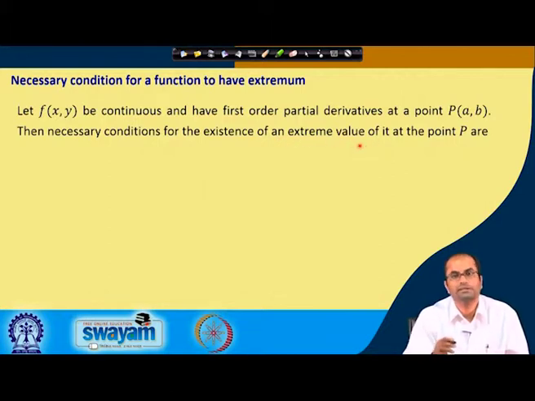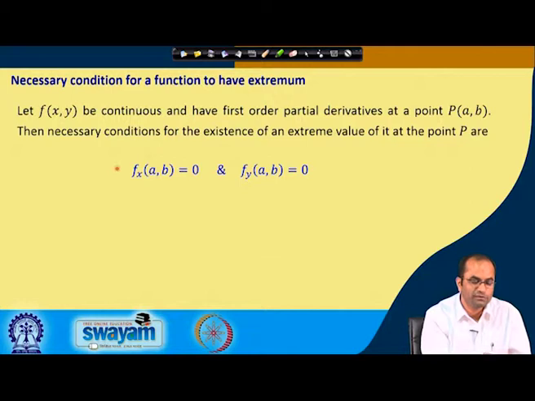Extreme value means the local maximum and local minimum values at this point P. What are the necessary conditions? That both the first order partial derivatives, with respect to x and with respect to y, at that point should be 0. So, this is what we are calling necessary conditions.